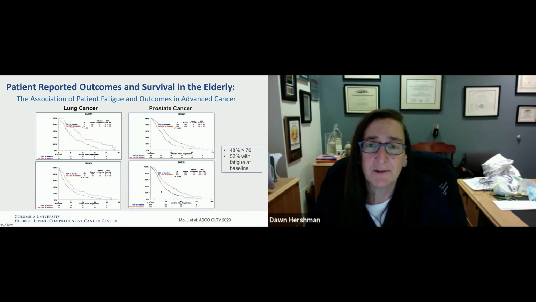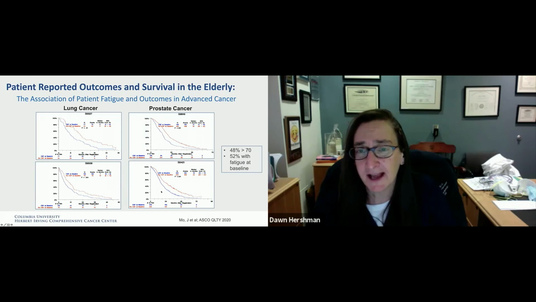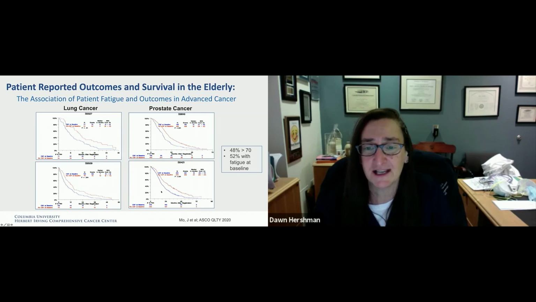We're also able to look at patient-reported data, specifically in the elderly, and we looked at clinical trials that included patient-reported outcomes and patients specifically that reported severe fatigue at baseline at the time of enrollment. These trials included about half the patients over 70, and about half the patients had significant fatigue at baseline.